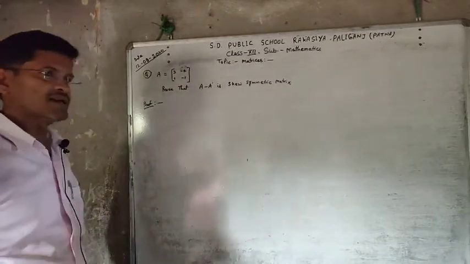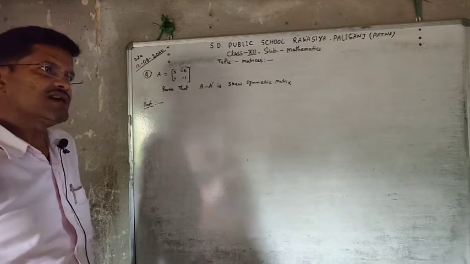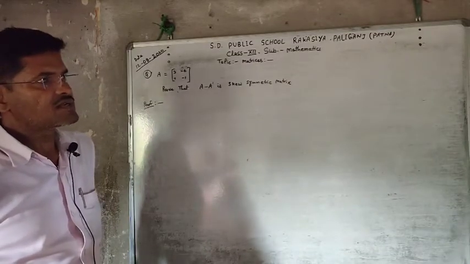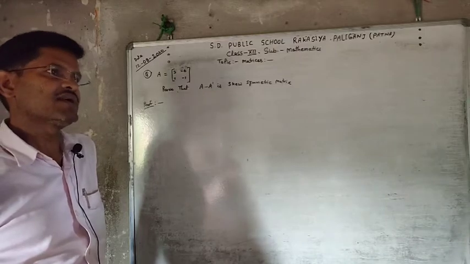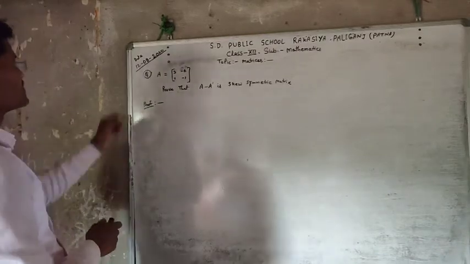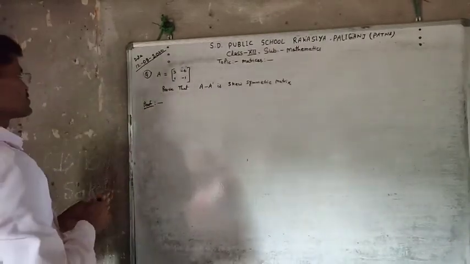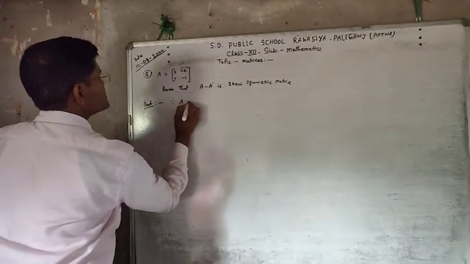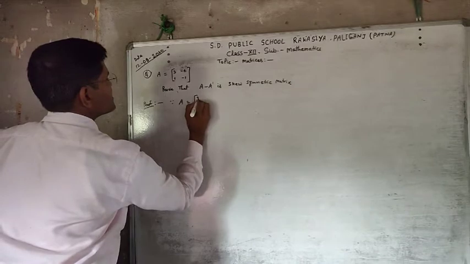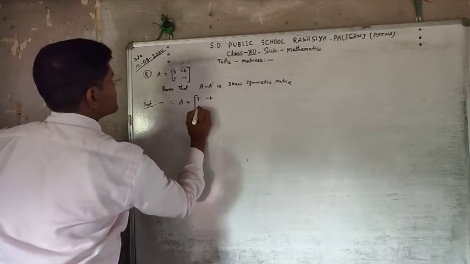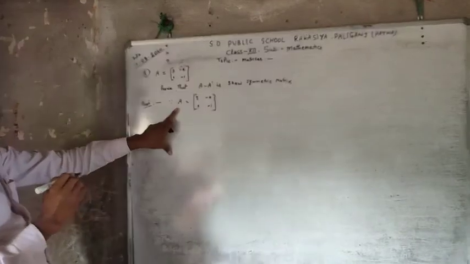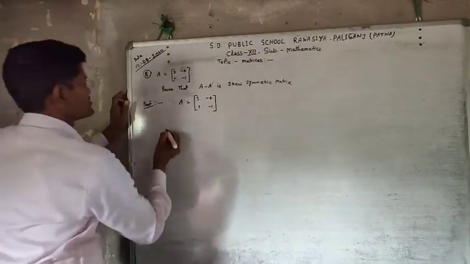We know that a skew symmetric matrix is a matrix whose transpose is equal to the negative of the given matrix. Now, I am going to prove this question. Since matrix A is given as 3, minus 4, 1, minus 1, we can find the transpose of this matrix.